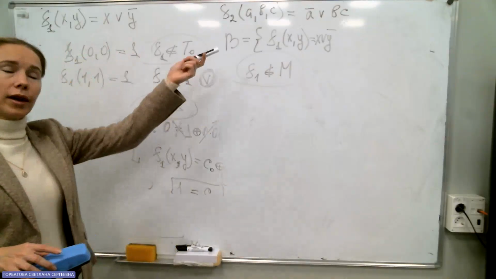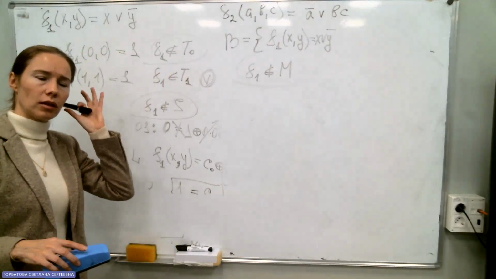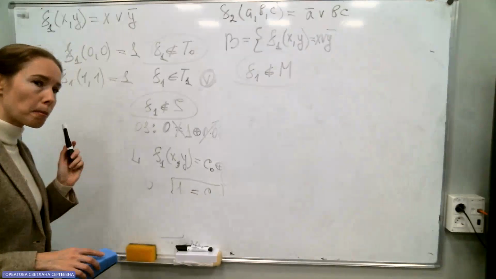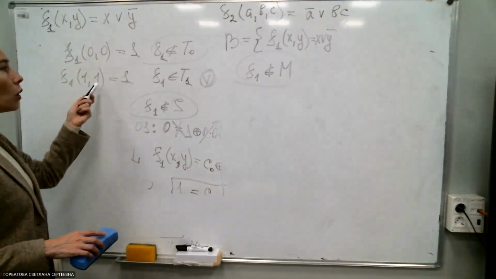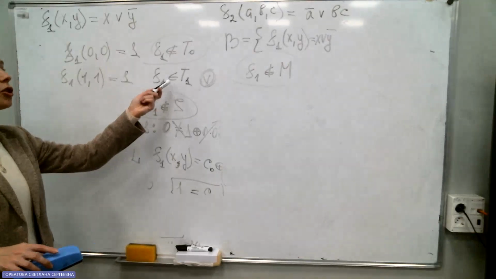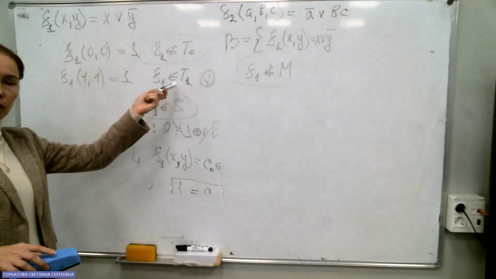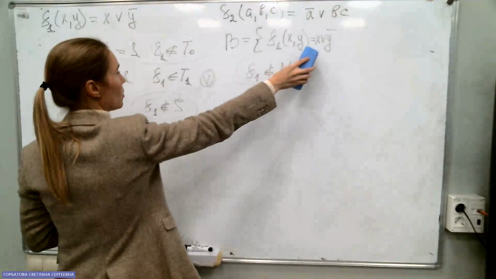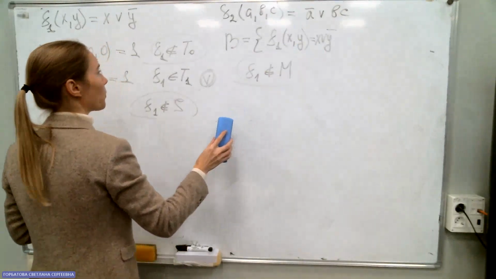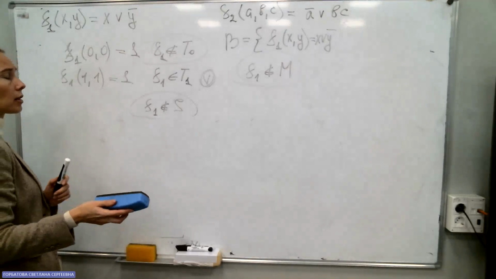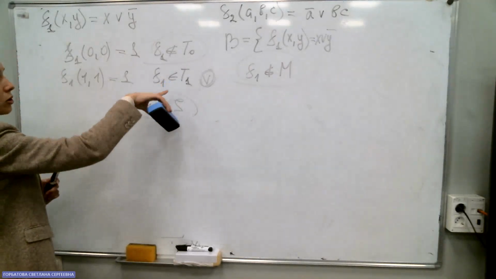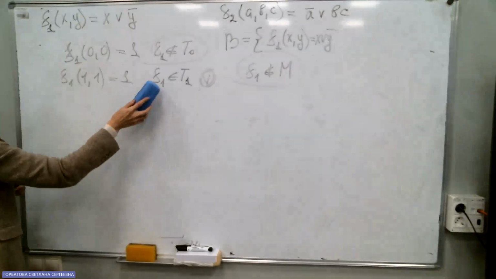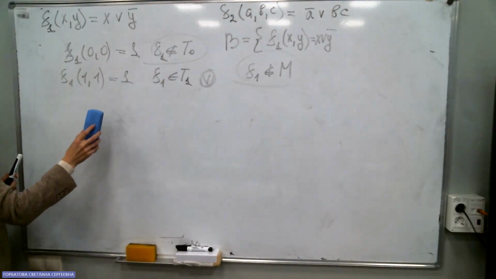We need to add a function which doesn't belong to this class. Absolutely right. We need to find a function and add it to this system for getting a basis. So this function must not belong to T1.